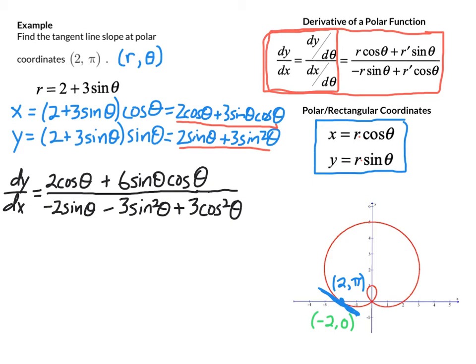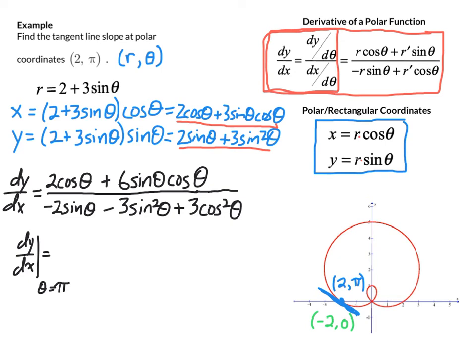So sometimes you may be able to clean it up a bit here. There actually is no common factor or anything worth going after, I would say. But we do have a function of theta that will define the tangent line slope on this limaçon curve for anything between 0 and 2 pi. So all I need to do now is plug in theta equal to pi and evaluate that.